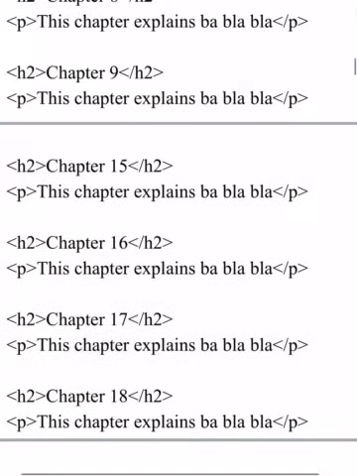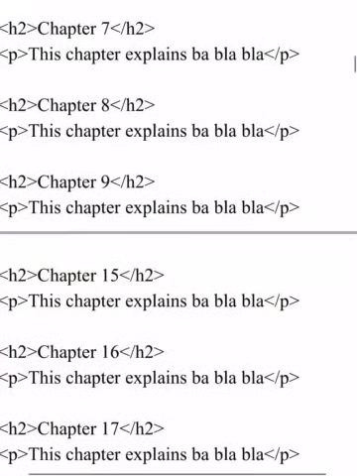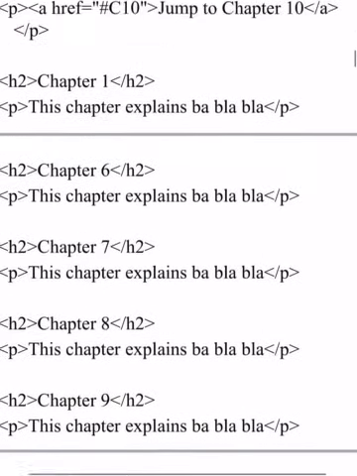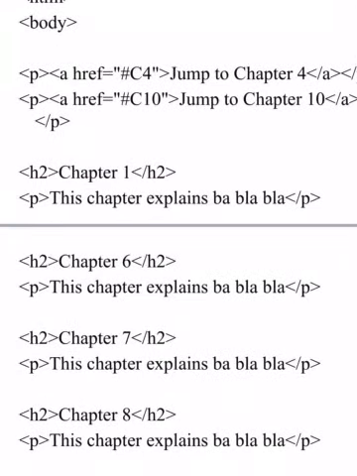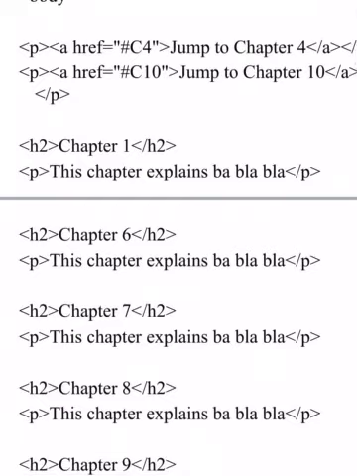So like this we have written multiple chapters. After chapter 1 we have missed 2, 3, 4 and 5. The chapters are missing here, we have to add them here.